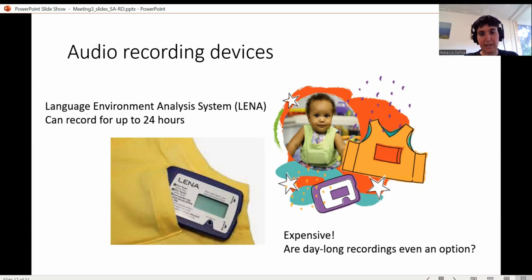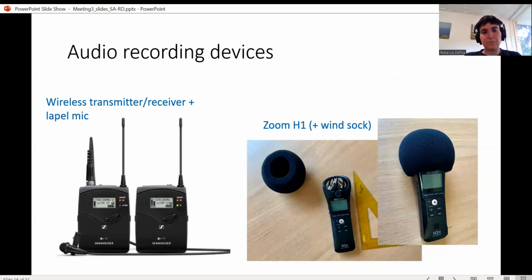One downside is that they can be quite expensive, and they are set up for these day-long recordings, which is great in many contexts, but in other contexts it's not really feasible for families to be doing day-long recordings. And so if that's your case, it's not something that you necessarily need to go for.